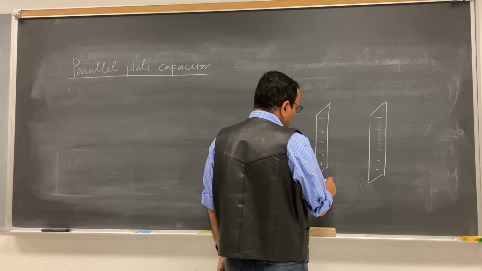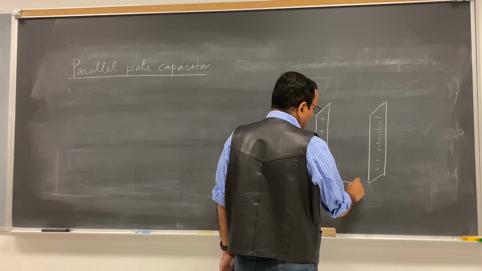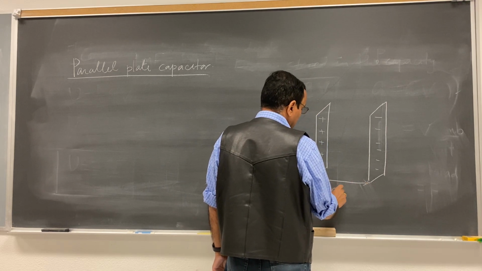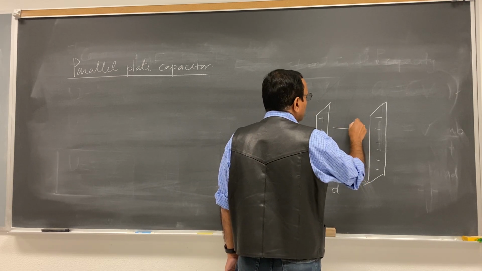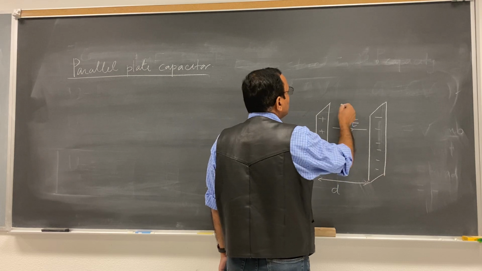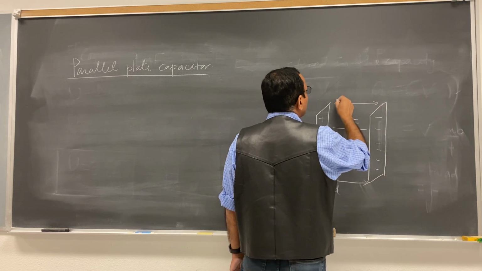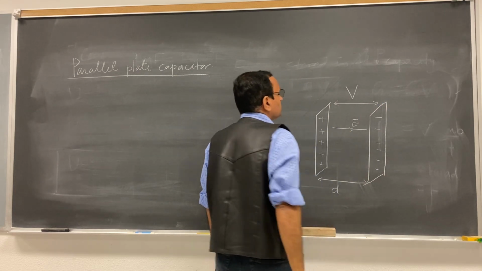The distance between them is D. The electric field is E. The potential difference between these two plates we can consider V.